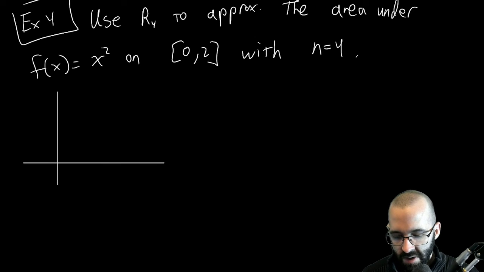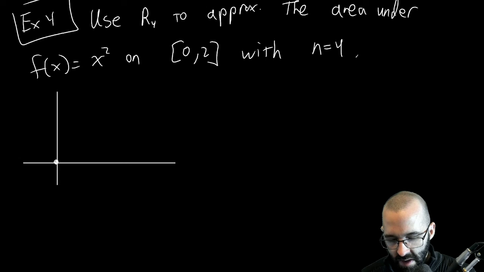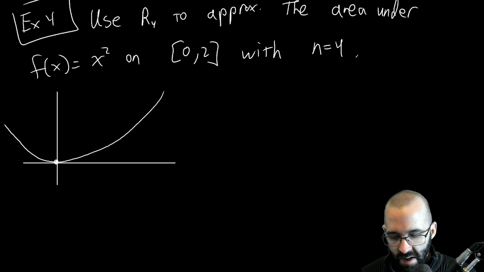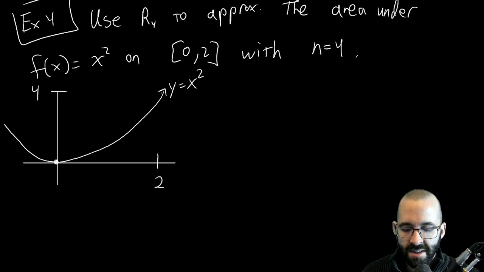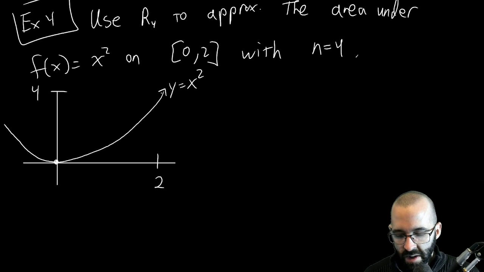All right, so let's draw a picture. We know what a parabola looks like. Look like this. We're looking from 0 to 2. It goes on forever. So this is x squared. So the biggest x squared is going to get on this interval is at 2. And we want 4 rectangles. We're going to divide this into 4 equal pieces. So each one has to have a width of a half, right?